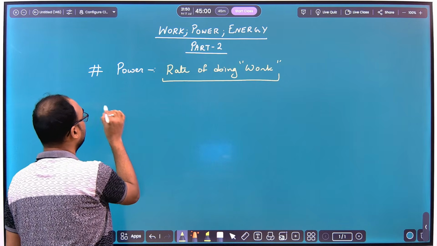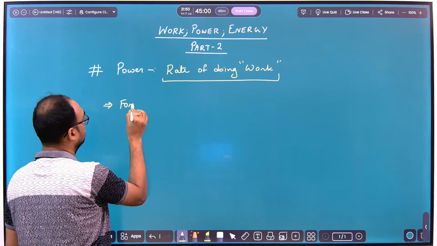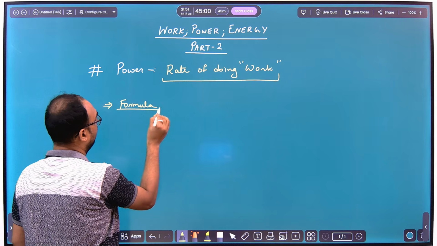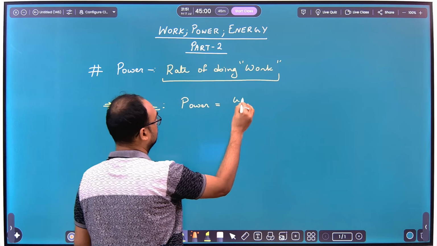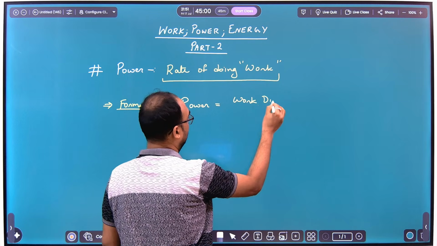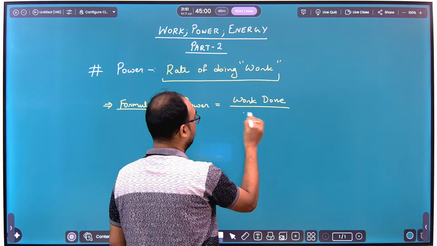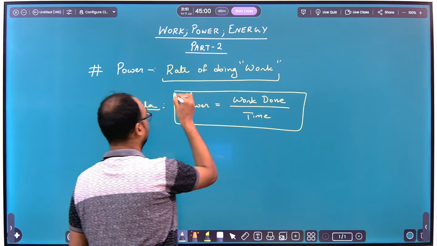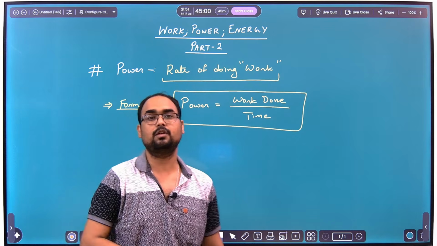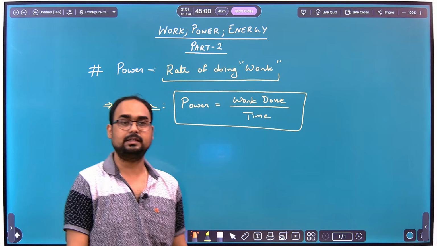So the formula of power is equal to work done by time. The formula for power is work done by time.